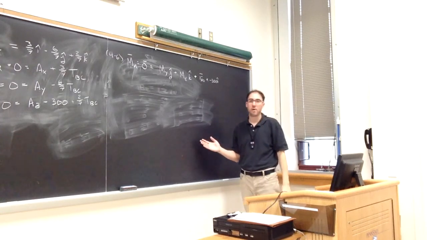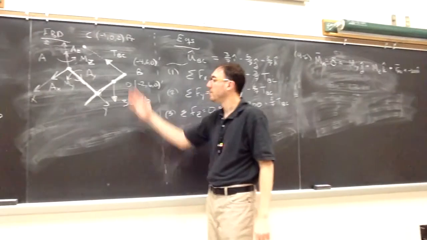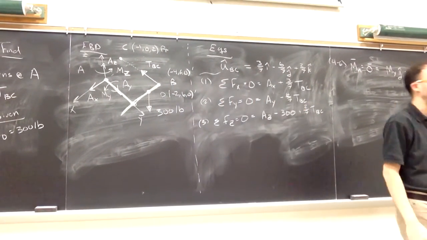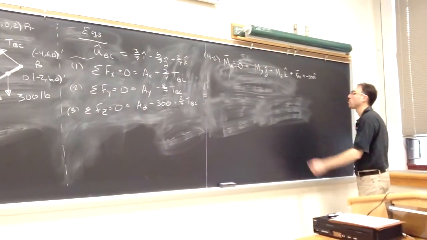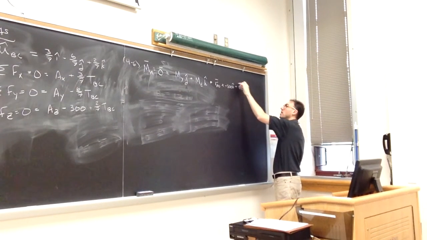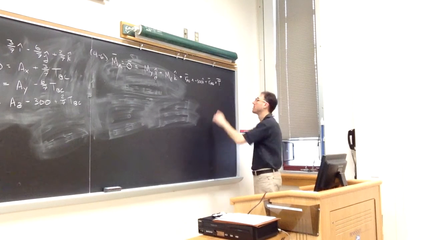We'll also have a moment contribution then from the tension that's acting at B. Because again, that does not pass through A, so it creates a moment around point A. So I also need a cross product, RAB, cross with the tension in component form BC.